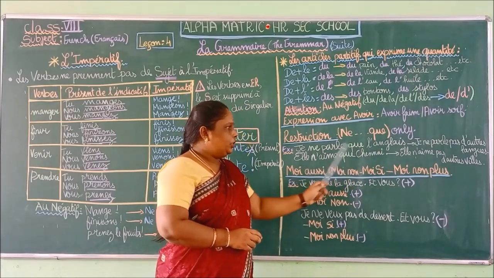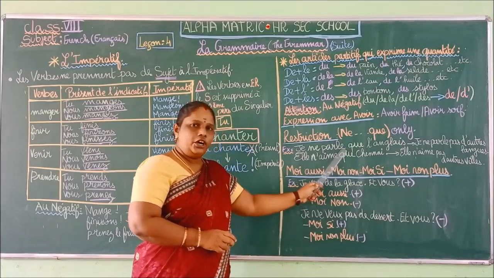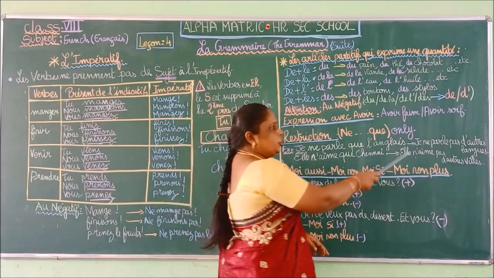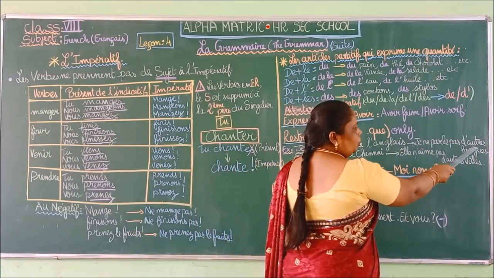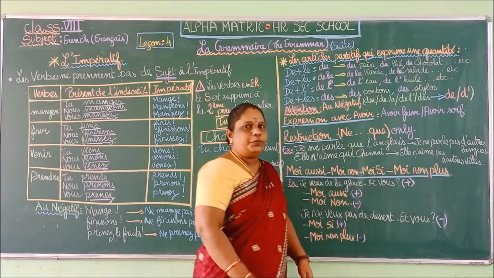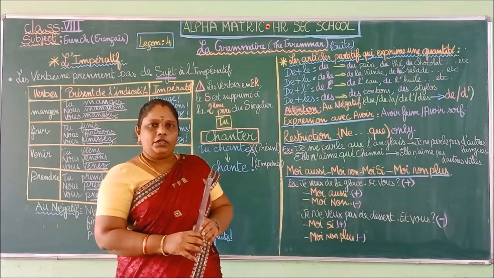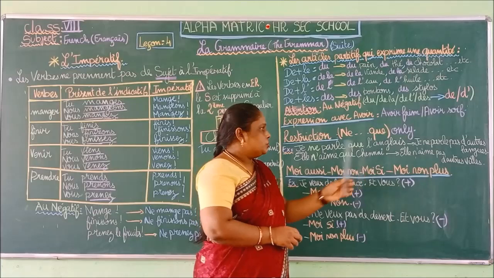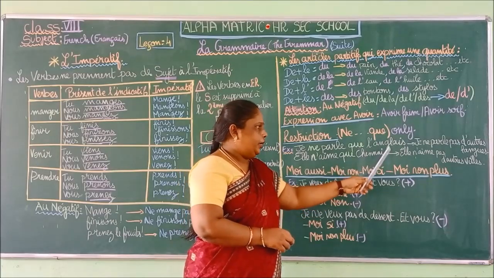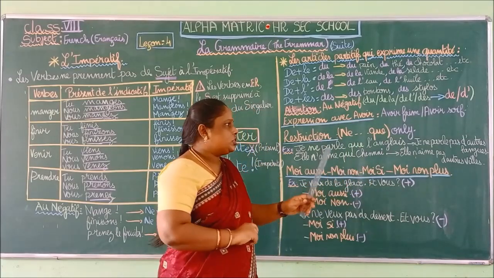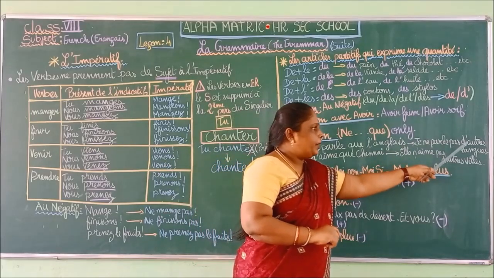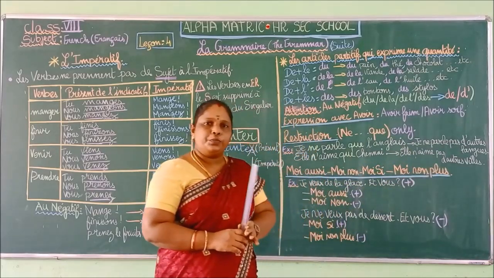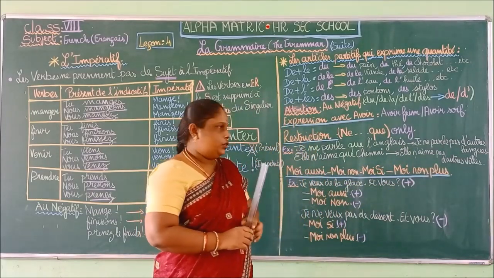Ne... que is placed around the verb. So, je ne parle pas d'autres langues. I don't speak other languages. Je ne parle que l'anglais, I speak only English. Je ne parle pas d'autres langues, I don't speak other languages.